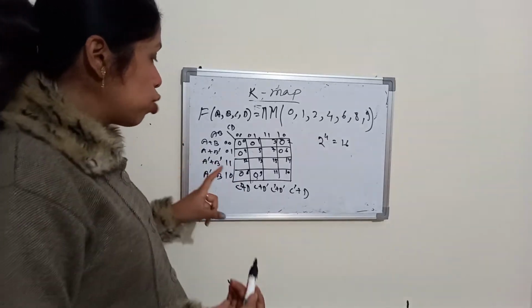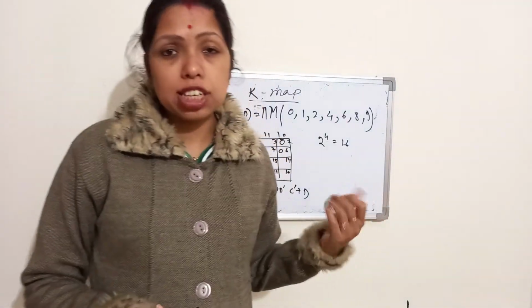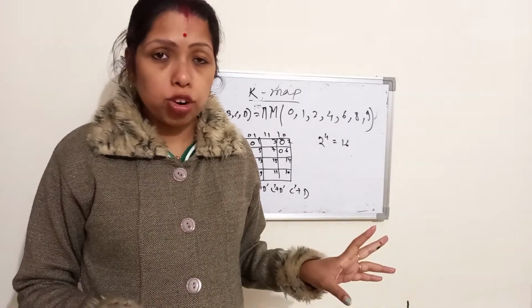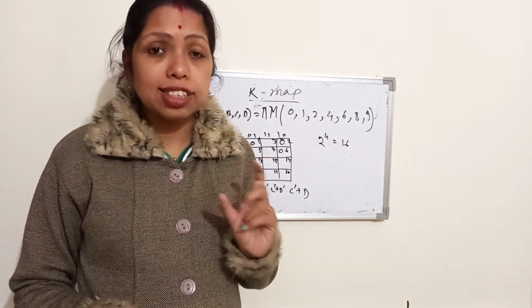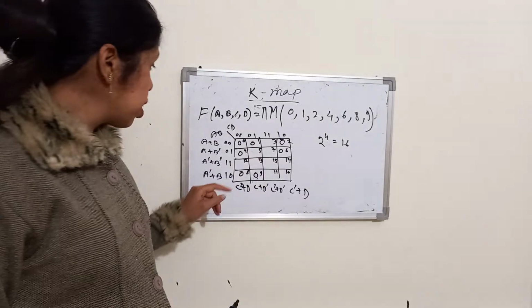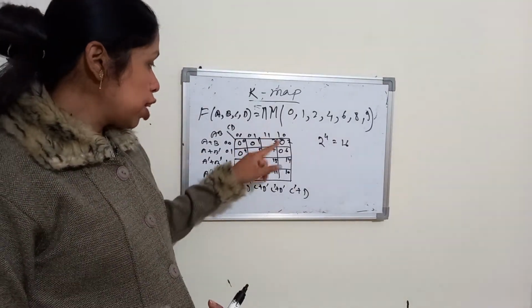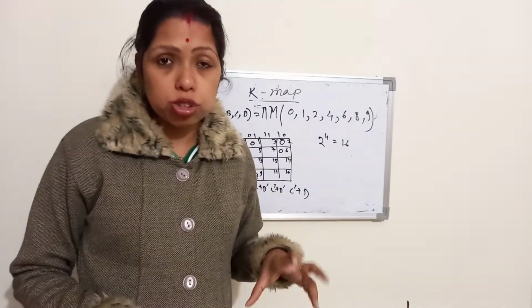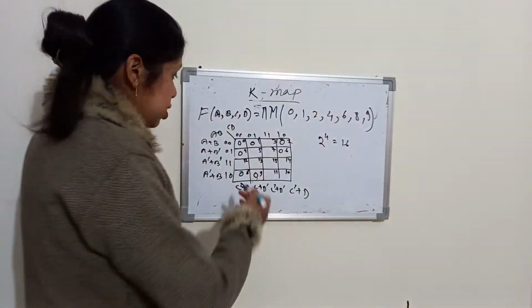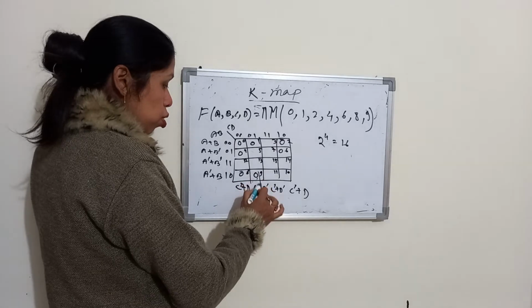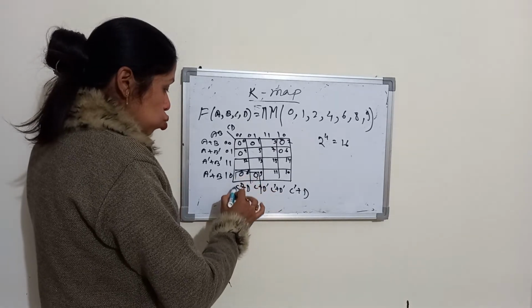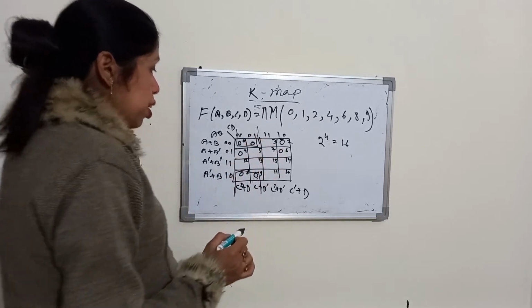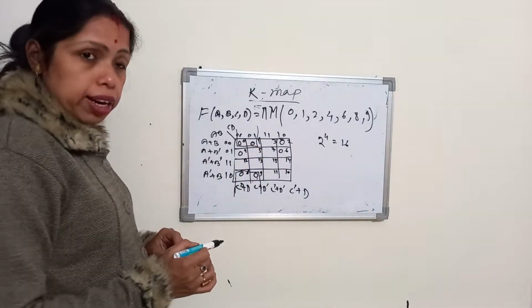What I told is that grouping is the same for the max term and the min term. First you have to check if any octal is there or not. Octal means a total of 8 adjacent zeros. Here I can say 8 adjacent zeros are not present. Now check whether 4 adjacent zeros are present. I can see the outer cells are also adjacent, so this 2 zeros and this 2 zeros can create one group.